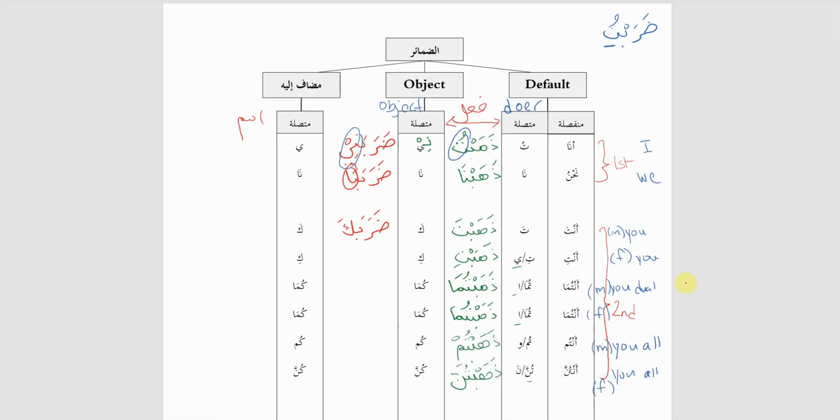And then we have ضربك, he hit you, feminine. And then ضربكما, he hit you two, masculine. And the ضربكما, he hit you two, feminine.